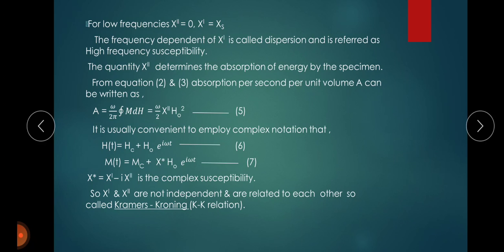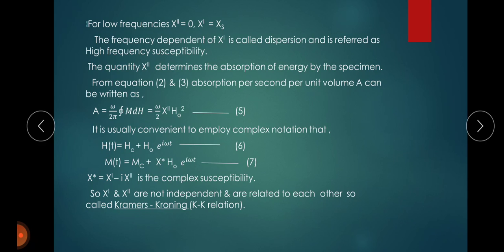This is taken as equation 7, where χ* is equal to χ' minus i into χ'', which is the complex susceptibility equation, which consists of both real and imaginary terms.